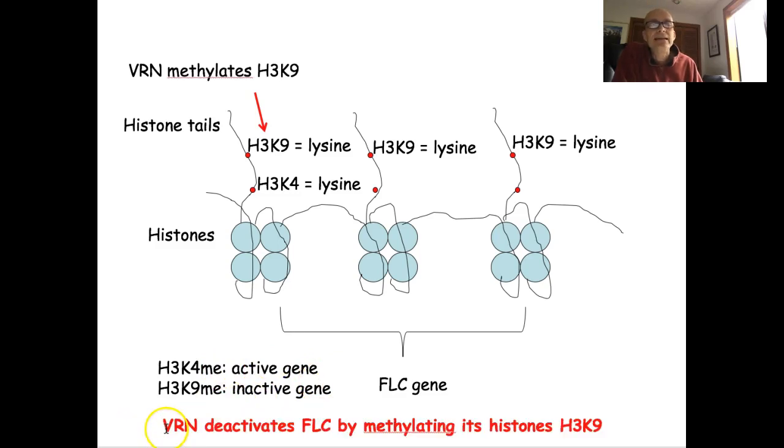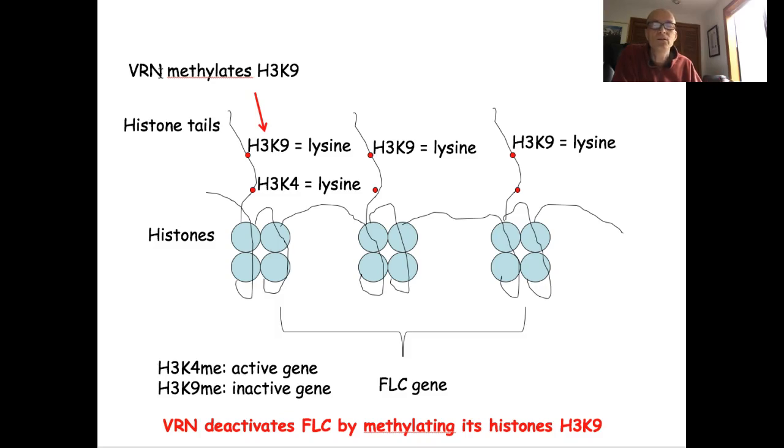And I just added here that this particular gene that's called VRN, or vernalization. Vernalization means going through spring. Vernus in Latin means spring. So it really means going through winter and waiting for spring. It's a cold treatment when you call vernalization, when you say something is vernalized, you say that it went through winter.